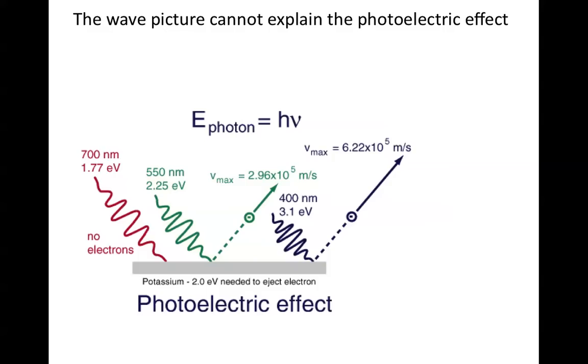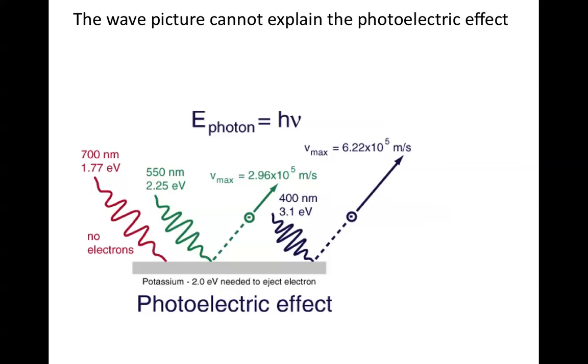But as I bring the light to shorter wavelengths, to higher frequencies and higher photon energies, all of a sudden I cross a threshold where the metal plate starts to eject electrons. The electrons pop out of the plate and go flying off into the distance.